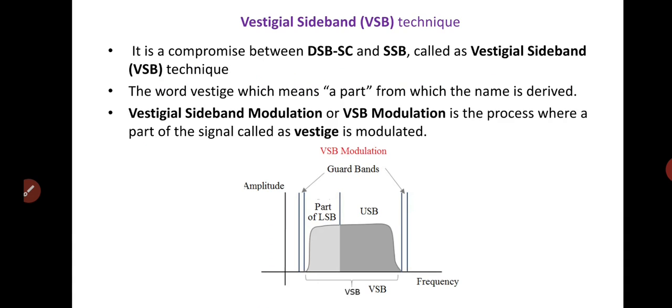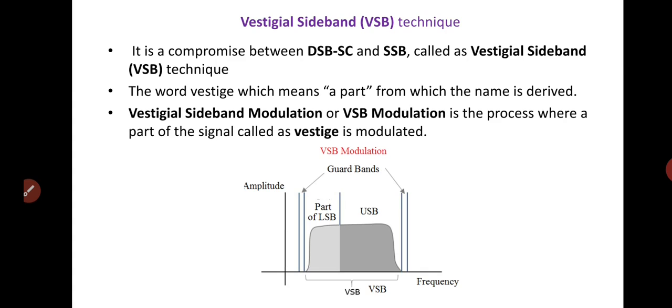Now, what is the vestigial sideband technique? The vestigial sideband technique is a compromise between DSB and SSB techniques. The word vestige means a part. If a part of the lower sideband is also transmitted along with the whole of the upper sideband, the method is known as vestigial sideband transmission.